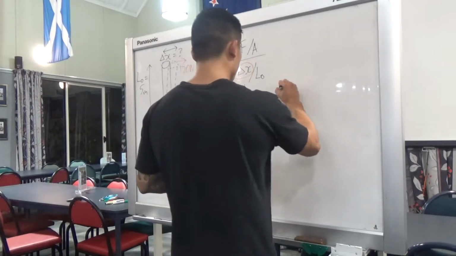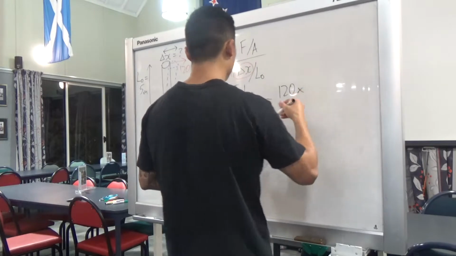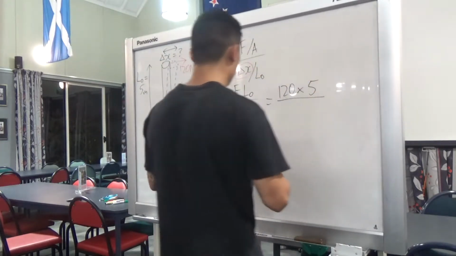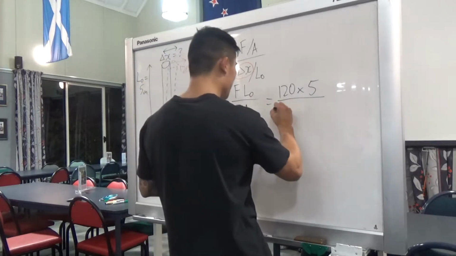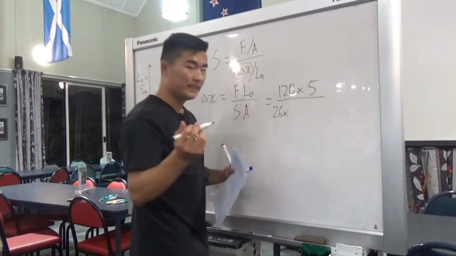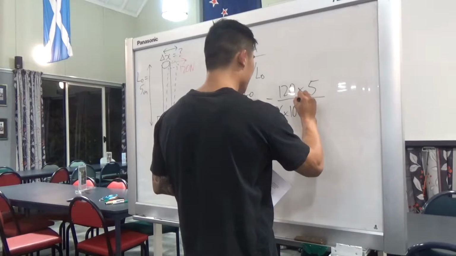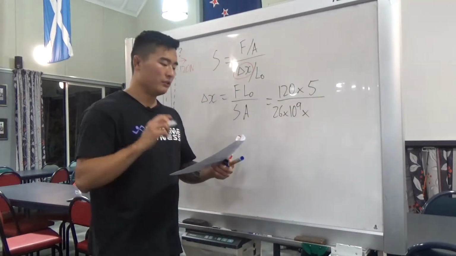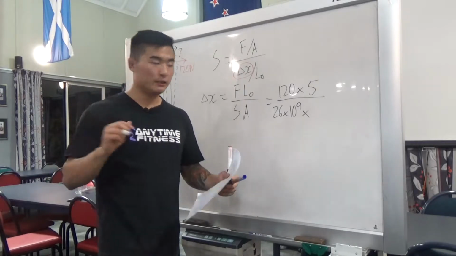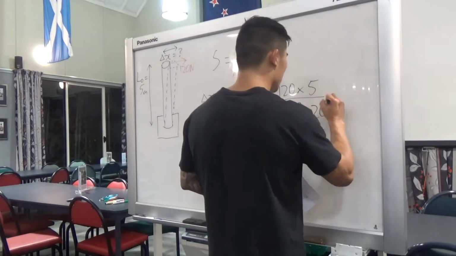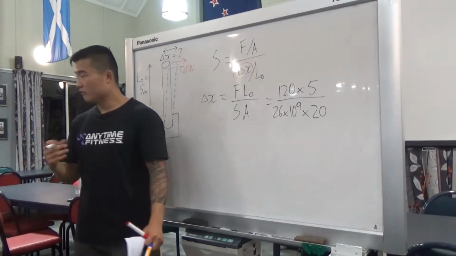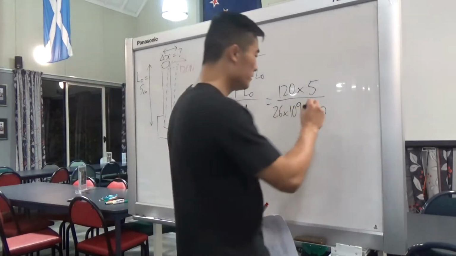So if we put in the numbers, that's 120 times the original length, which is 5, over the shear modulus, so 26 gigapascals, so giga is times 10 to the 9, times the cross-sectional area, which we were told is 20 centimeters squared. So we're going to write down 20, and replace centimeters squared with times 10 to the negative 4.